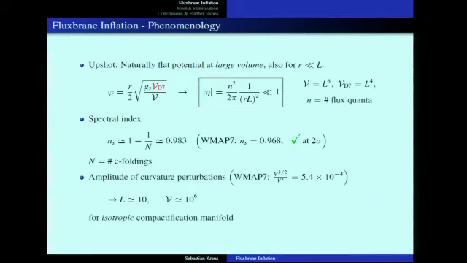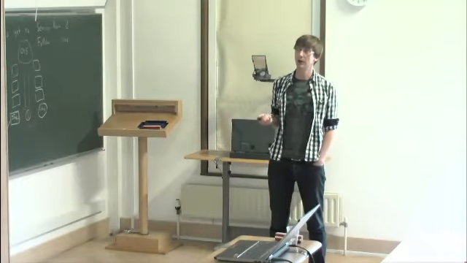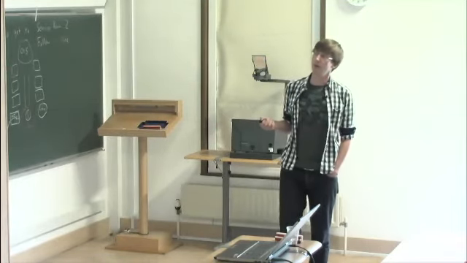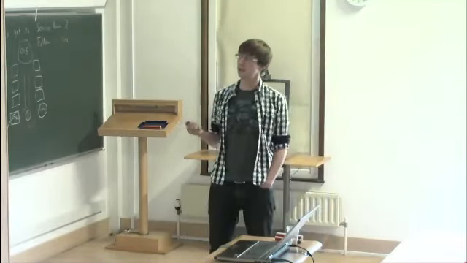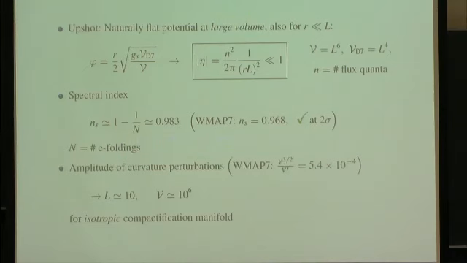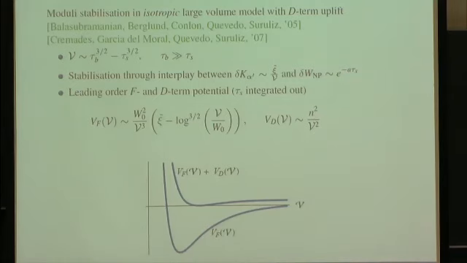This fits well with what I told you, that we need large volume in order for eta to be reasonably small. Furthermore, for a volume which is 10 to the 6, we should be discussing moduli stabilization in terms of the famous large volume models, because there we can actually get volumes which are this large. There have been quite some talks already about large volume models at this conference, so I will be quick.